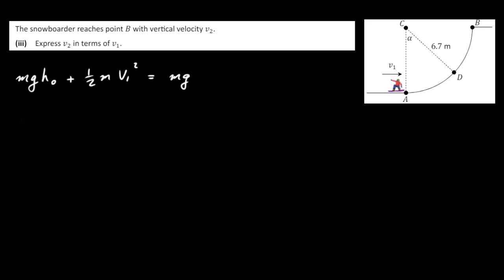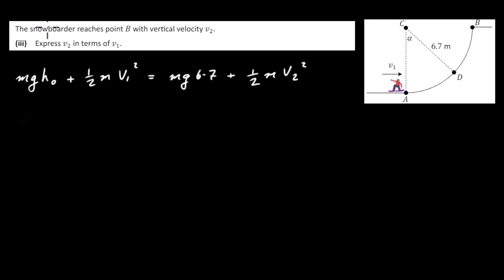This time the height is 6.7, because remember he's at B at this stage, and B is horizontal with C, and C is vertically above A. So this distance here is 6.7. And the kinetic energy then is half mv2 squared. So I think we have everything we need here. We don't have to do any kind of substitution into the centripetal force equation or anything like that.